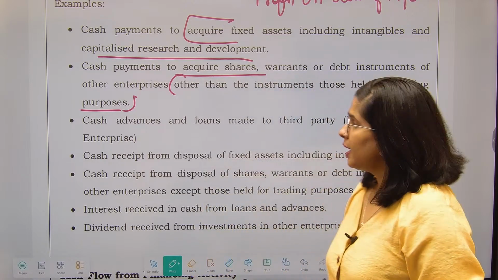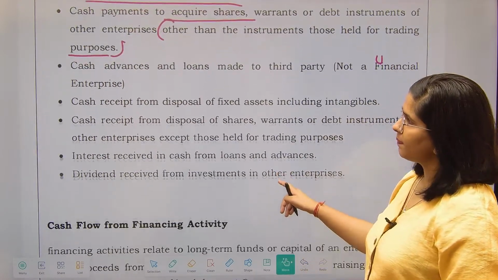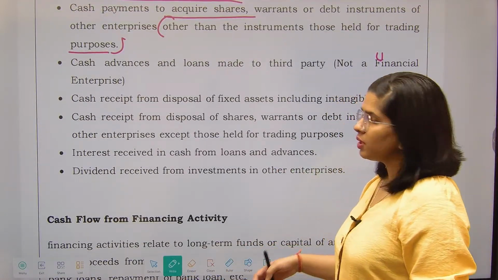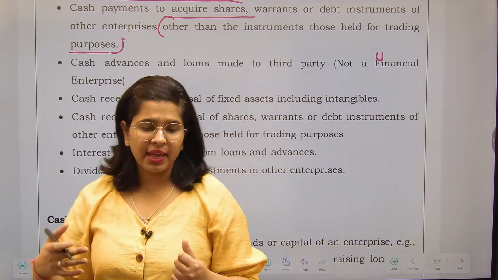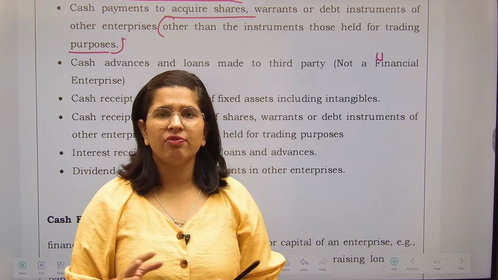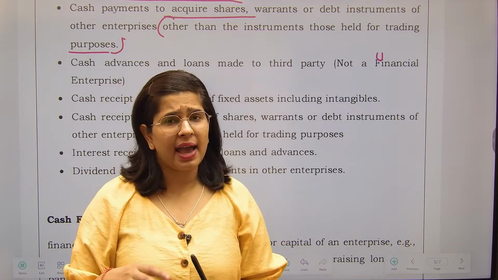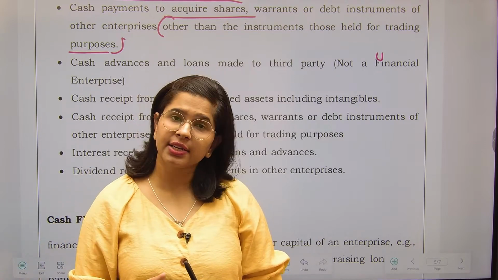ठीक है? Next is cash advances and loans made to third parties. So suppose I am into the business of medicine manufacturing again, and there is a person who comes to me and says that I want a loan of 5 lakh rupees, can you lend me? I'll give it back to you after some days. So I gave it and I will charge interest on that.